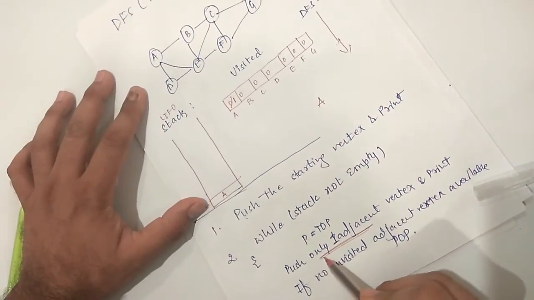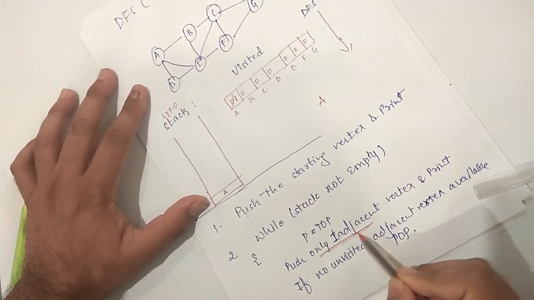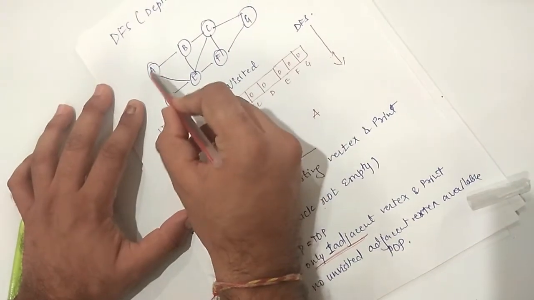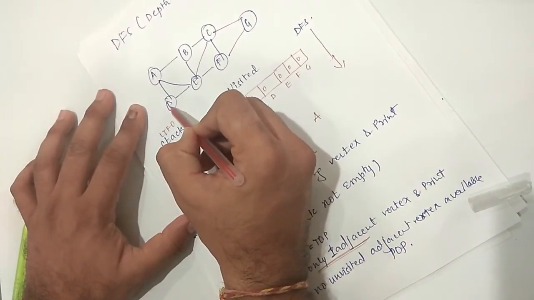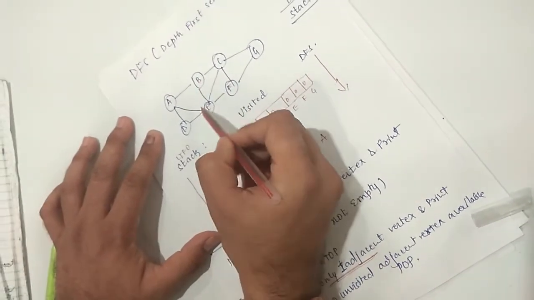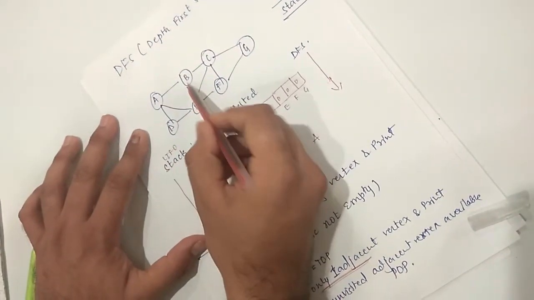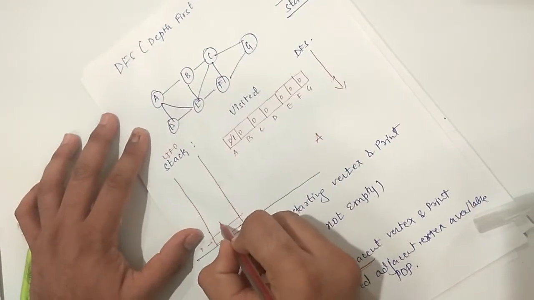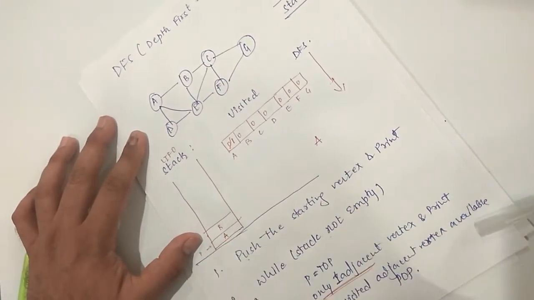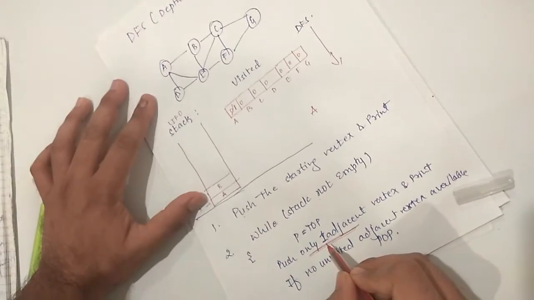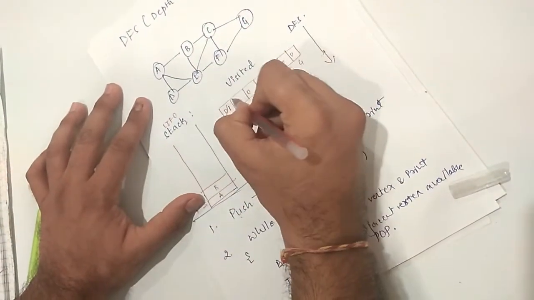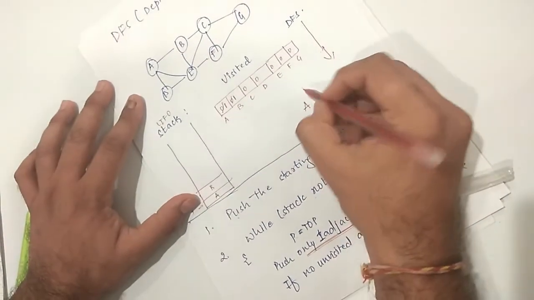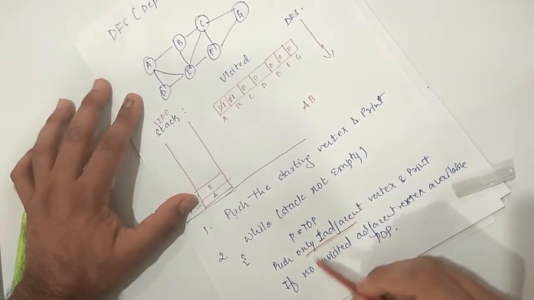Now you need to push only one adjacent vertex, and also you need to print that vertex. So for this A, there are three adjacent vertex D, E and B. Now you can pick any of these three adjacent vertex. Let us say that I am pushing B element. So I need to push only one adjacent vertex. Inside your visited, it would now be 1, and also I need to print it over here.